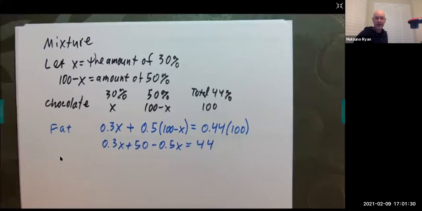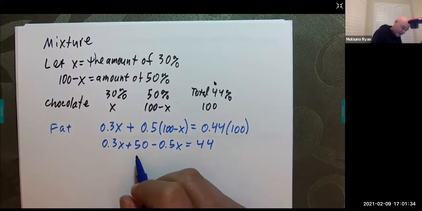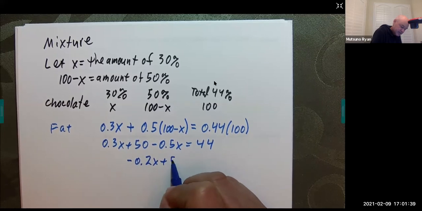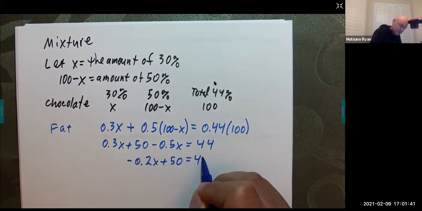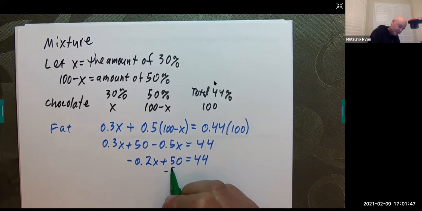I'm now going to combine my like terms. So 0.3x minus 0.5x is negative 0.2x. Subtract the 50 from both sides.